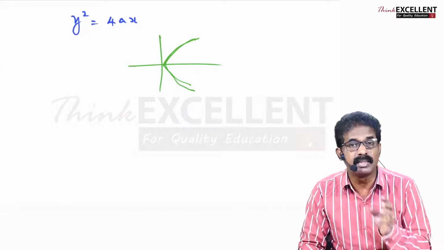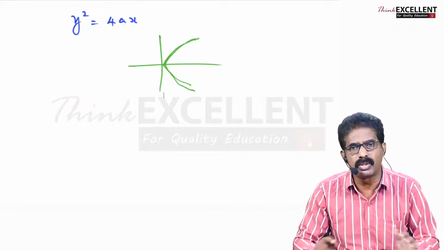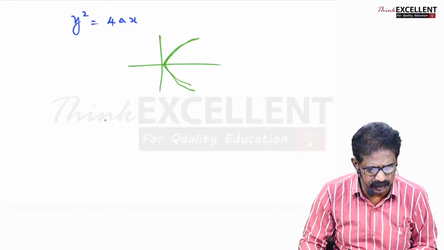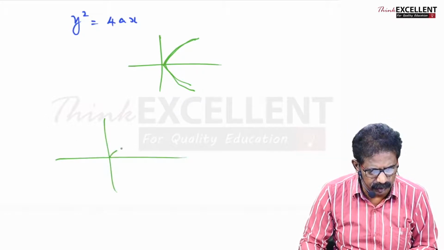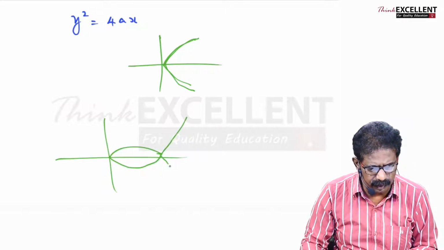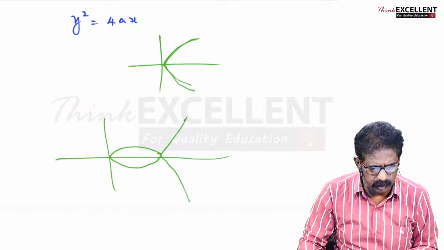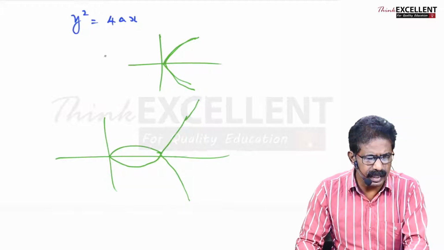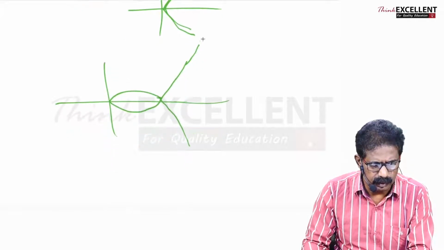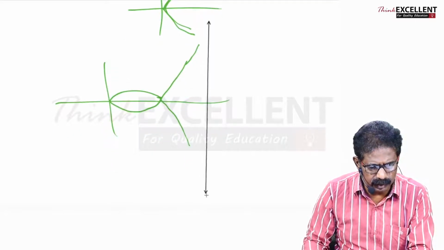Asymptote means it is a line very close to the curve but it never touches. Such lines we call asymptotes. For example, suppose you have a curve like this, moving like this, and there is a line very close to the curve.